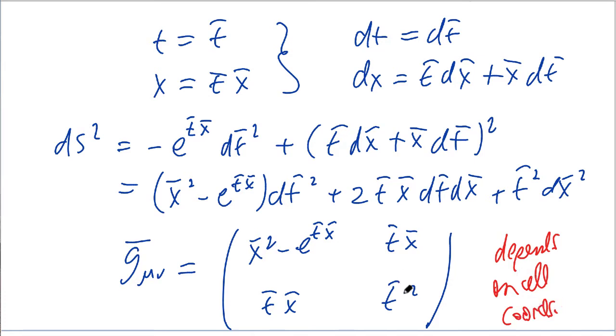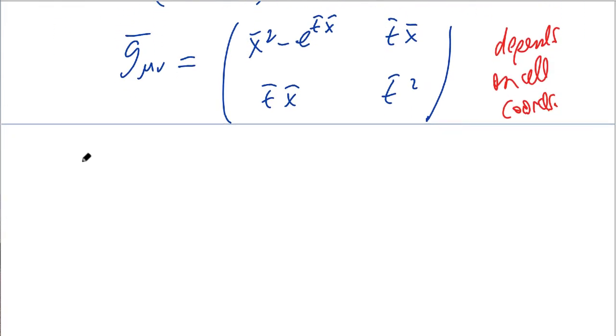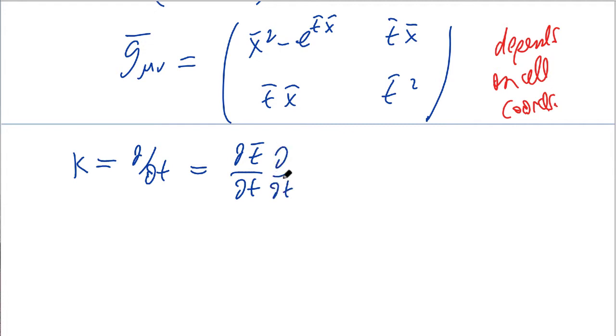All right, but that does not imply that there's no symmetry. In fact, we know that there's a symmetry for this geometry, and we can work it out. So the Killing vector field was d by dt, so we just need to rewrite this in terms of our new coordinates. This would be partial t bar with respect to t, d by dt bar, plus partial x bar with respect to t, d by dx bar.